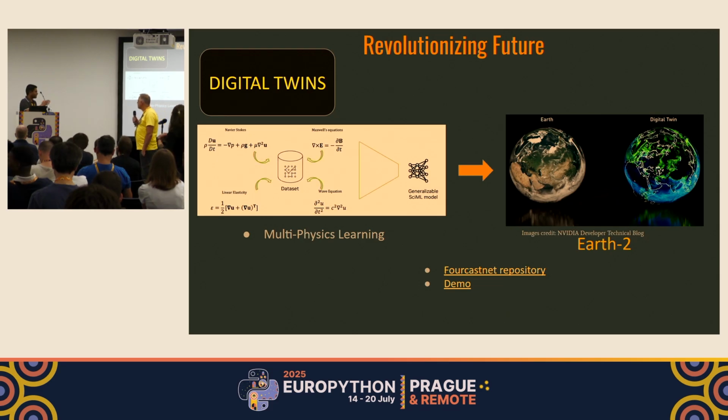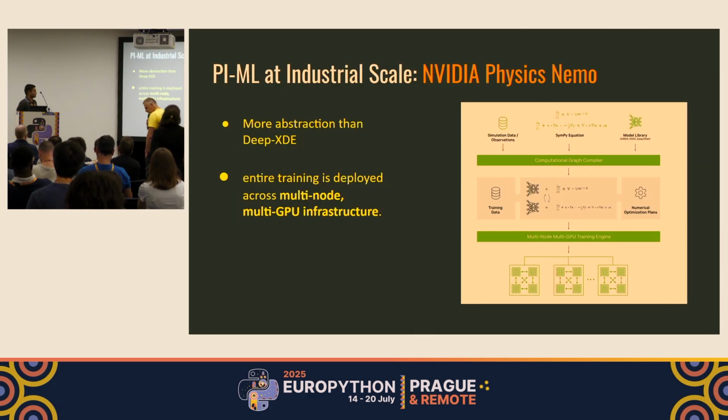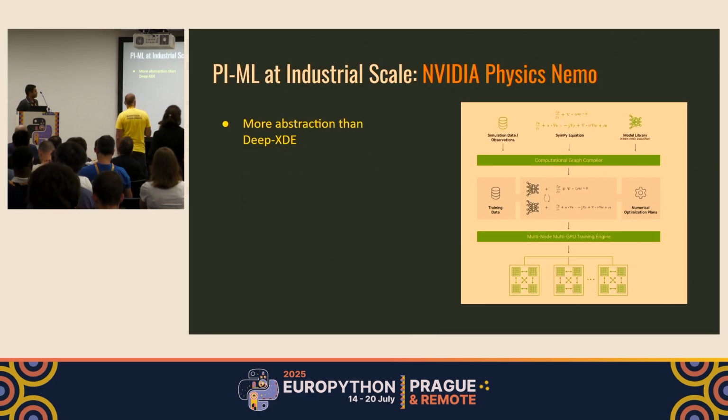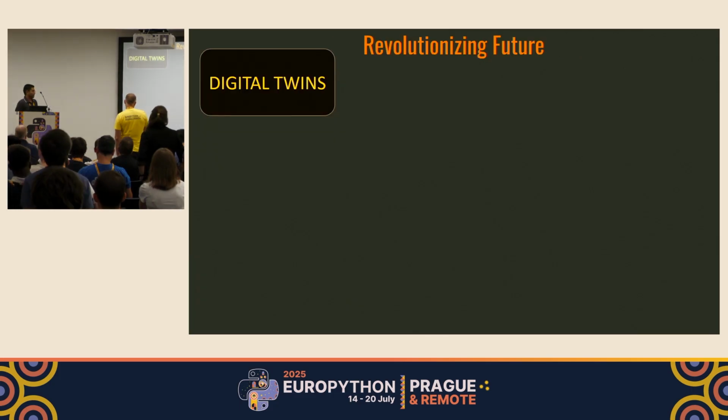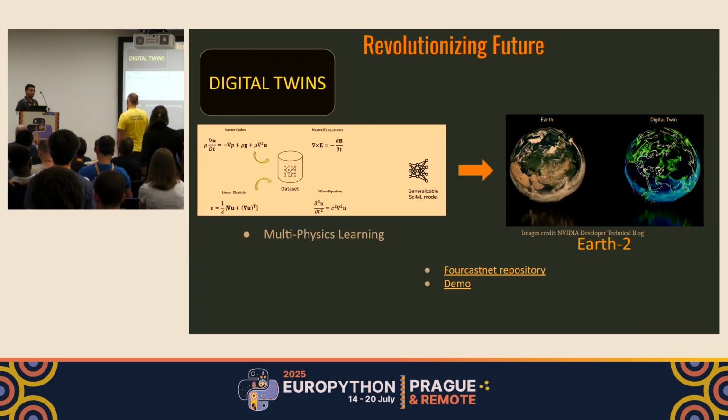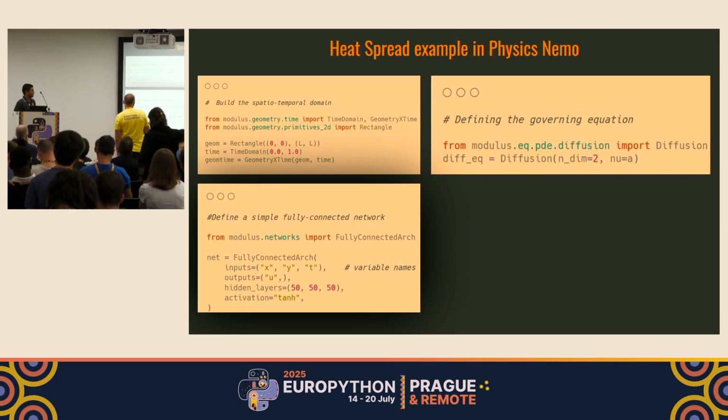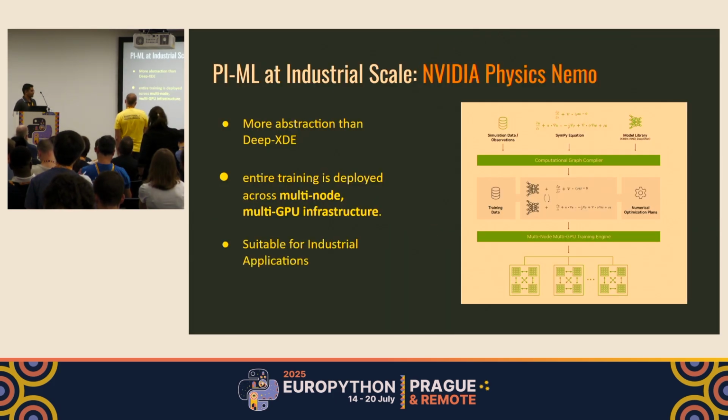But they implemented it using the NVIDIA Physics Nemo library, which I discussed here. So that's the only connection. NVIDIA GPUs were crucial to run this model. More important is the library, which is well optimized for these kinds of applications and models.